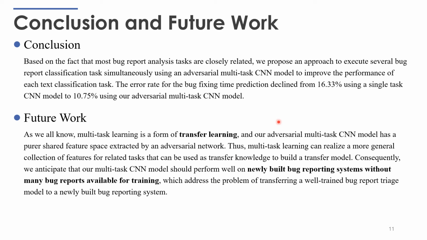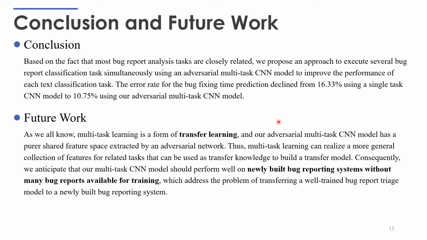Okay, so I'll conclude my research and talk about the future directions. Based on the fact that most bug report analysis tasks are closely related, we can say that adversarial multitask learning can be very useful in such tasks.